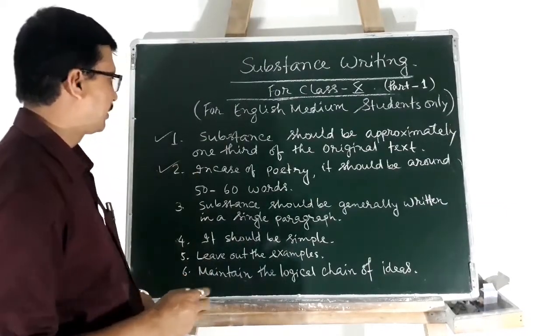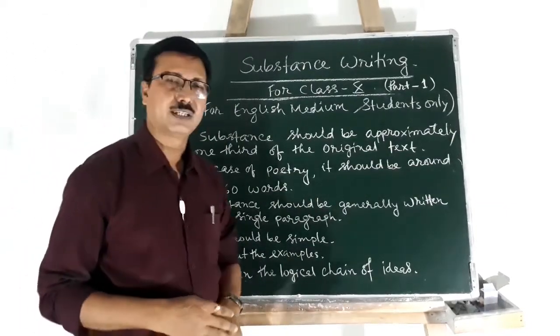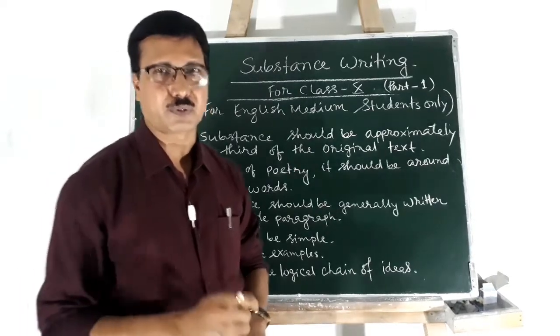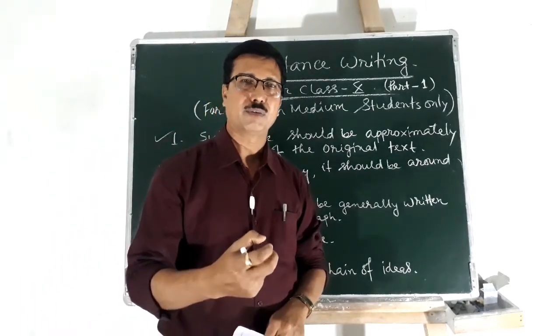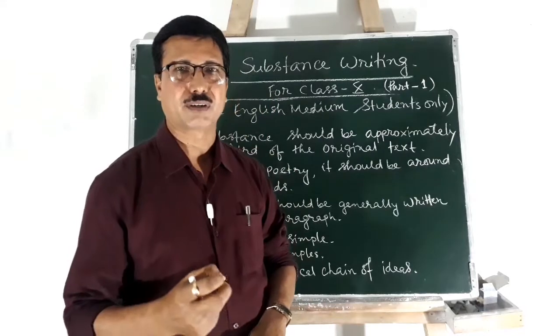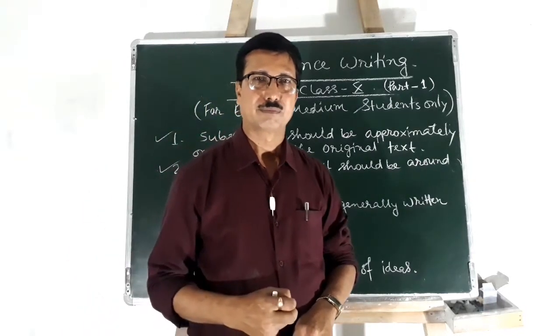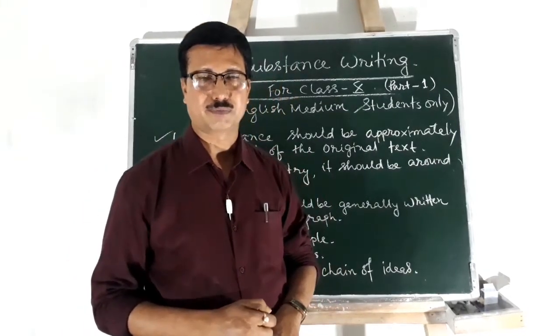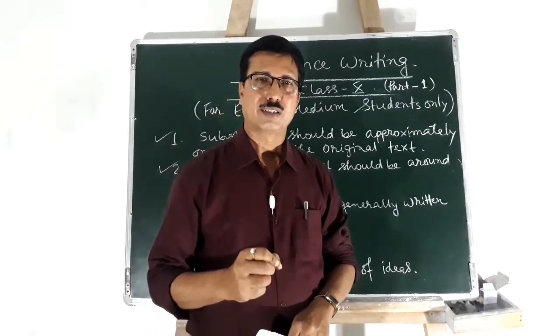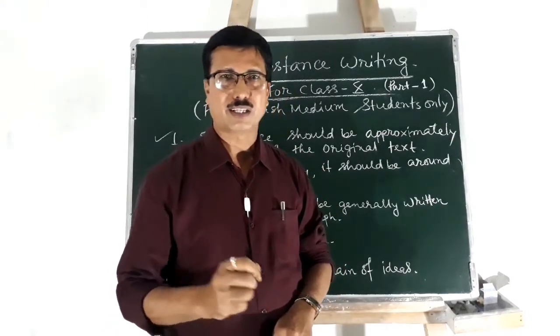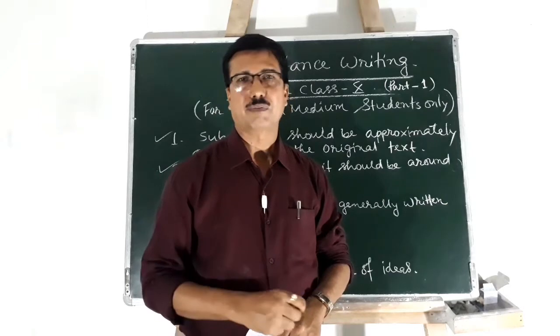And secondly, in case of poetry, it should be around 50 to 60 words. When we find an extract of some particular poem on the question paper, then we should not explain the lines of the poem.